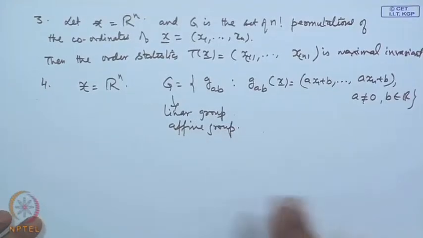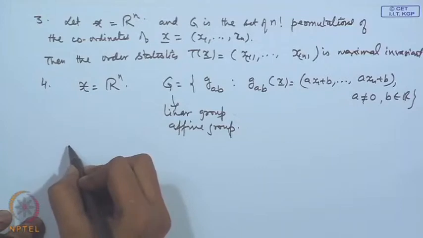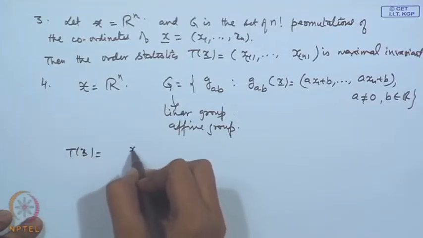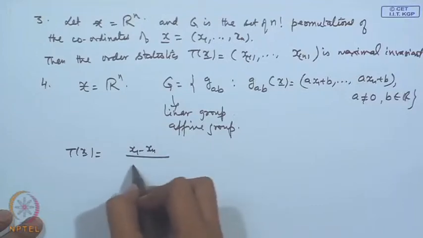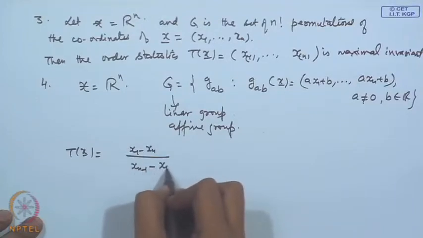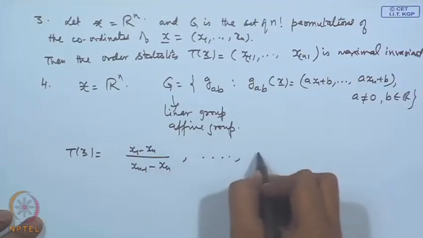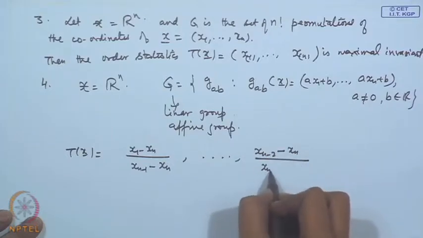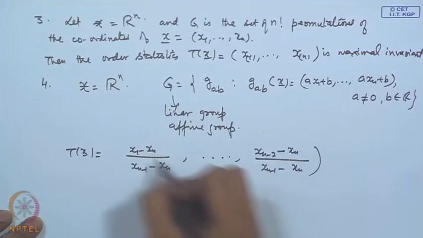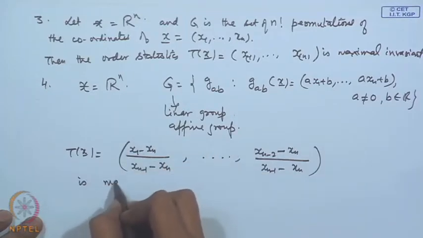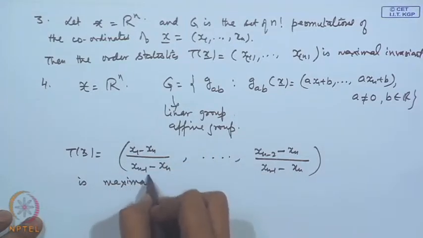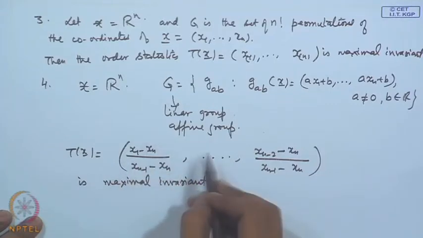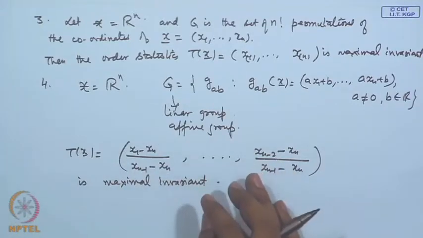In this case, T(x) = ((x_1 - x_n)/(x_{n-1} - x_n), ..., (x_{n-2} - x_n)/(x_{n-1} - x_n)). This is a maximal invariant. We may derive other maximal invariants in this problem.